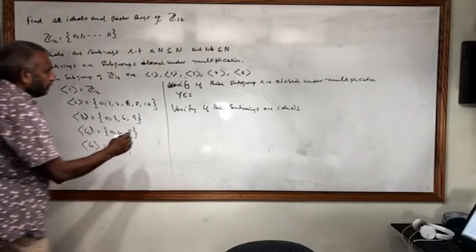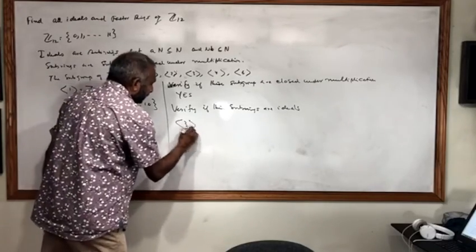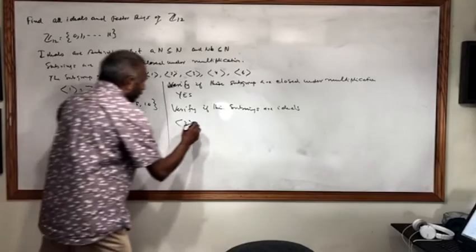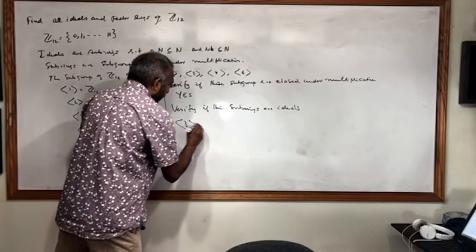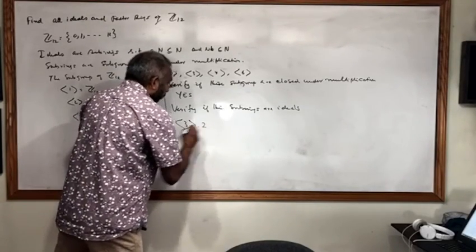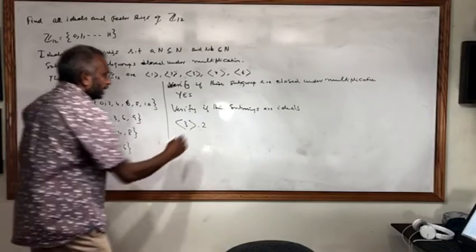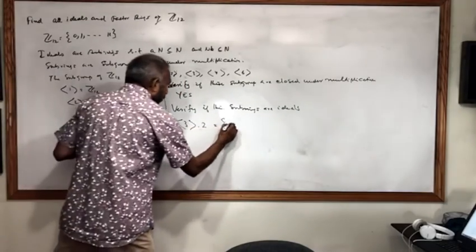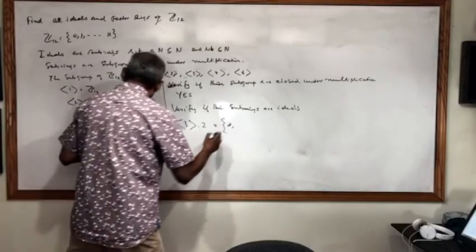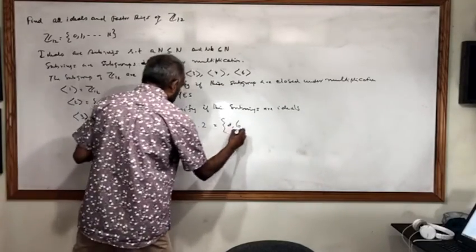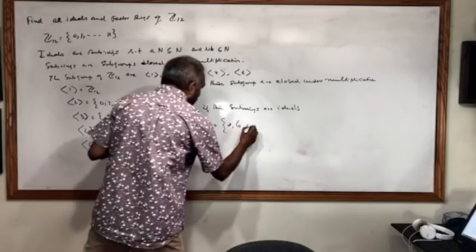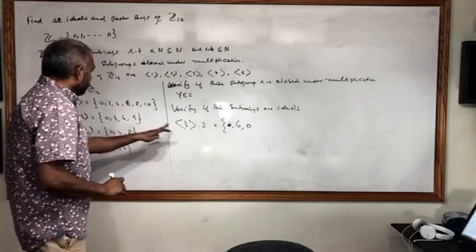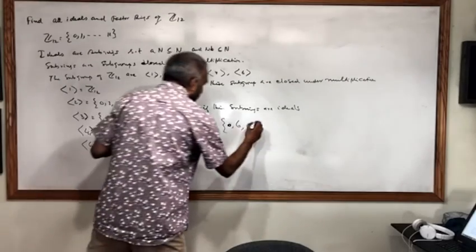For example, if you take the subgroup generated by 3 times any number, let us take 2, that is equal to 2 times 0 is 0, 2 times 3 is 6, 2 times 6 is 12, and 2 times 9 is 18.